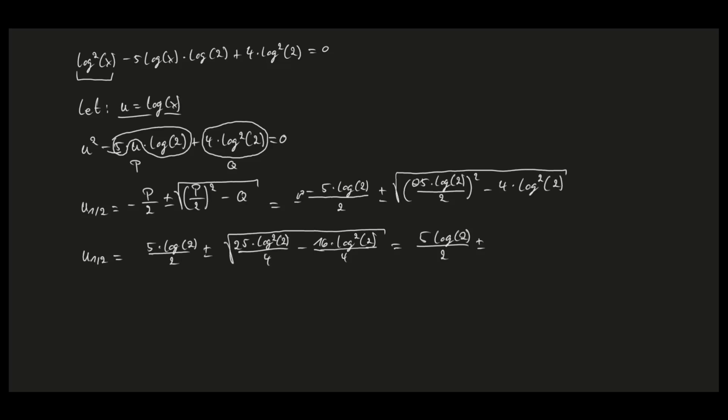plus or minus 9 times the log raised to the power of 2 over 4 and the square root of this. So now we can take the square root of 9. It will be 3 when we take the square root of this power here. Then this number 2 here will be cancelled with the exponent of the square root.